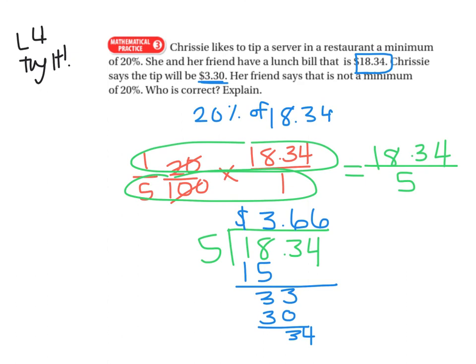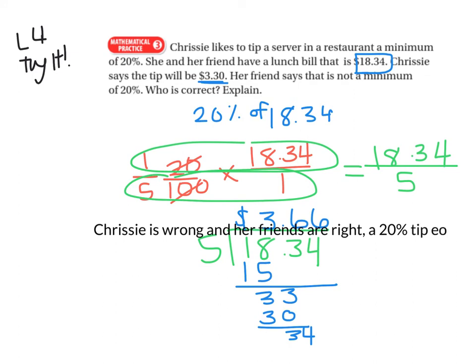So, I would say Chrissy is wrong and her friends are right. A 20% tip would be $3.66. Oops, that's supposed to be a dollar sign, sorry.